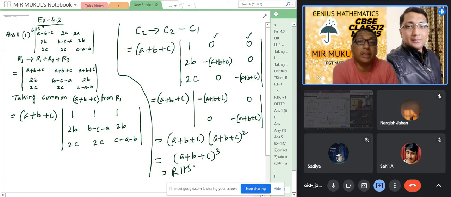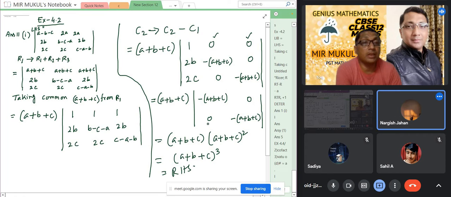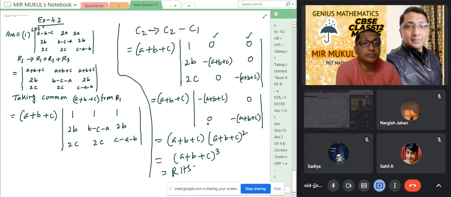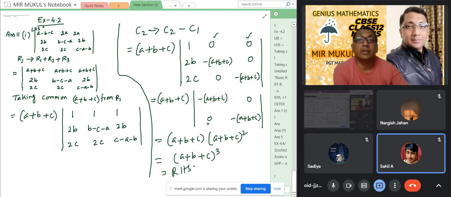The minor of 1 is minus A plus B plus C, 0, 0, and minus A plus B plus C. After that, if you cross multiply, you will get A plus B plus C whole square. Minus 0, so no need to write. Now understood? Yes, sir, got it. Sailuddin understood? Yes, sir. Okay, fine.